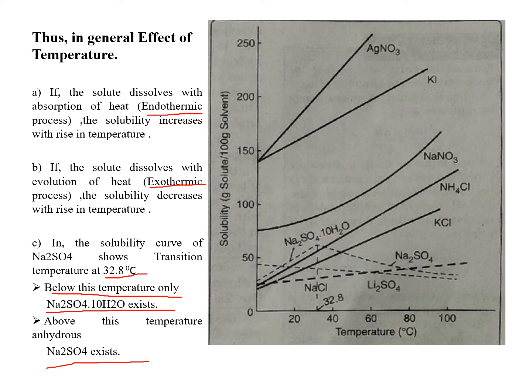Second, when the dissolution process of the solute is exothermic, meaning evolution of heat, the solubility decreases with increase in temperature. And the third point, the irregular behavior of solubility on increasing the temperature, where a point comes where the break of the curve begins. That point is known as the transition temperature.